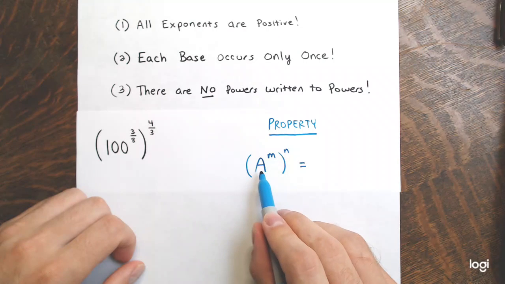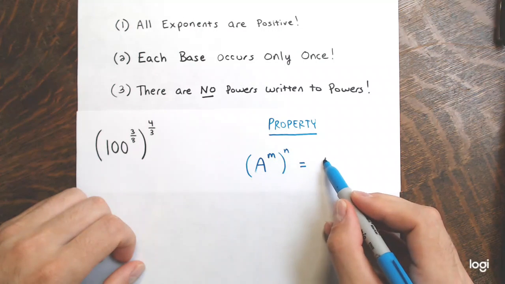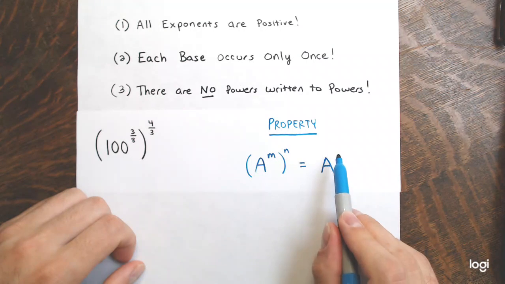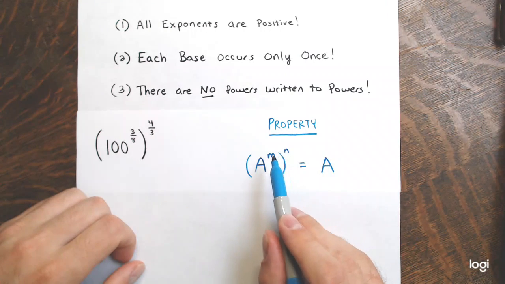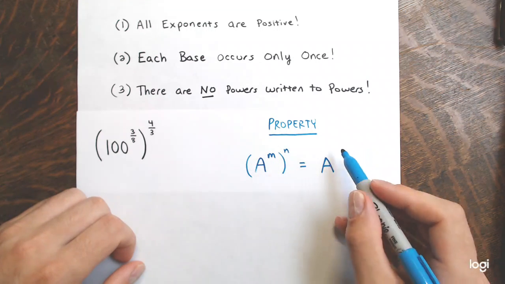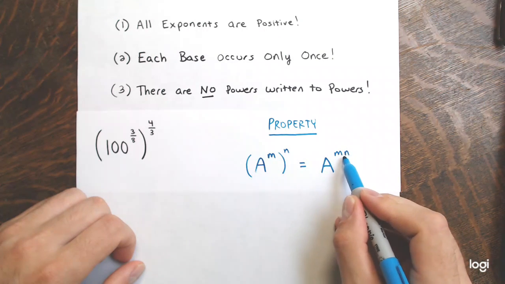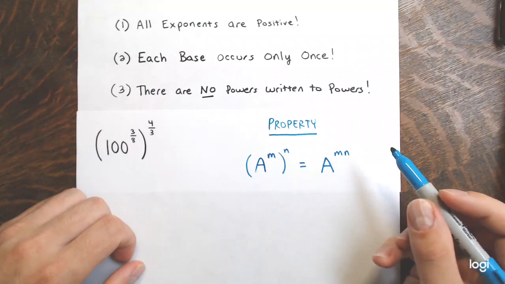Well, then you keep the original base, the a, as the new base, and then the exponent on a is the product. You multiply these exponents that are written in the power to power form. So the new exponent is m times n, or mn.